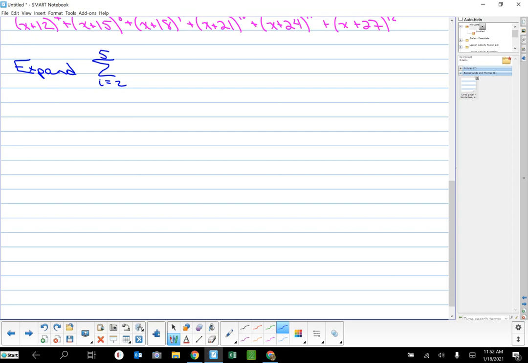So the summation as i goes from 2 to 5 of x minus 2i over x plus i, raised to the 2i. All right, so these ones I'll just string out as we write these guys out. So we're putting in 2, then 3, then 4, then 5. So I have x minus 2 times 2 over x plus 2, all raised to the 2 times 2.